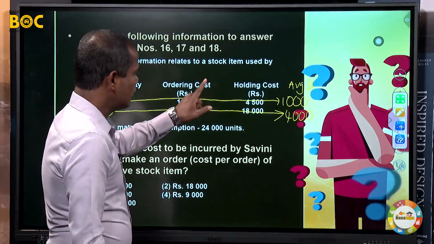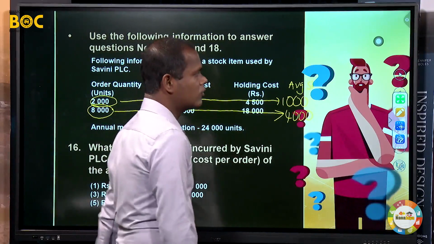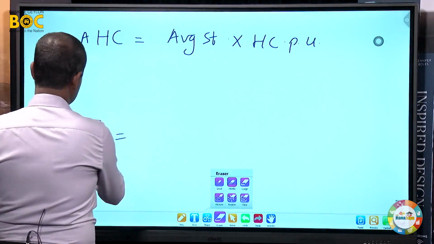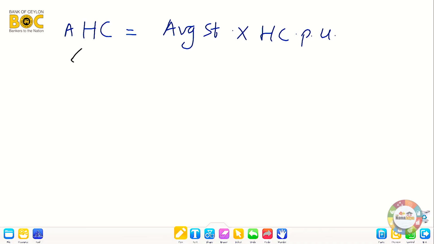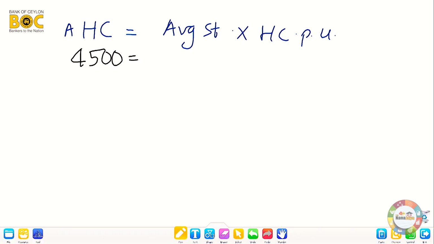Right. The holding cost is given. How much? 4500. We will take the first situation. The holding cost 4500 is equal to average stock. Average stock how much? 1000, into holding cost per unit.